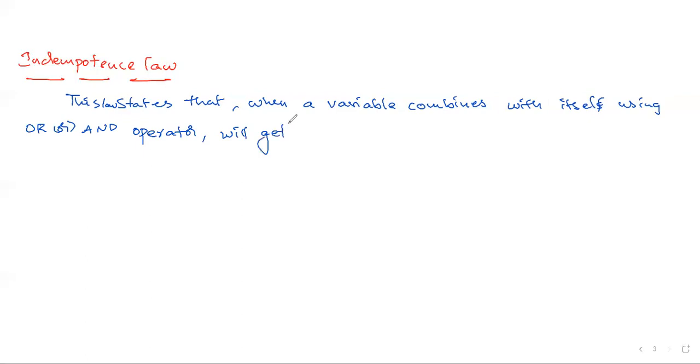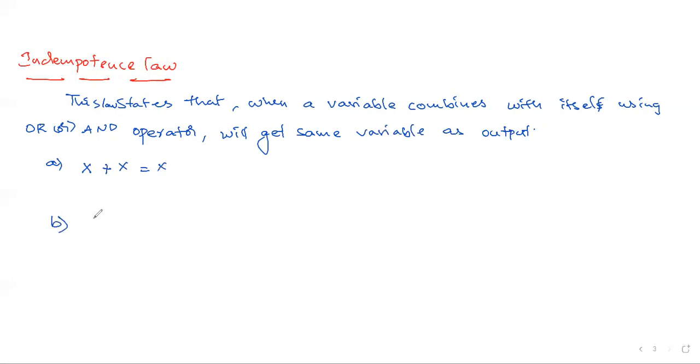This is the statement. Now see, x is a variable. It is combined with itself by using the OR operator, and we will be getting the same variable.